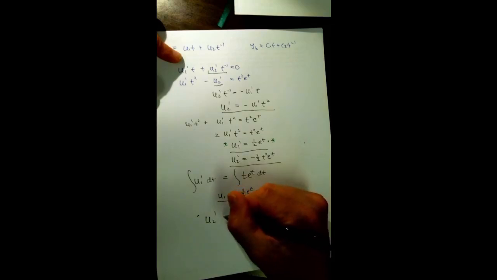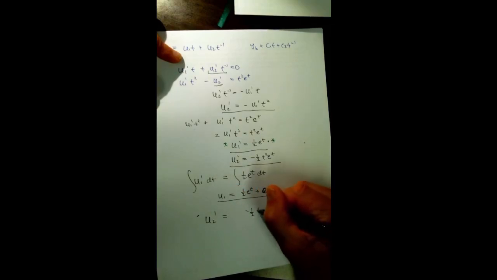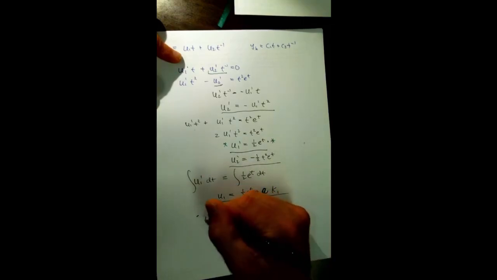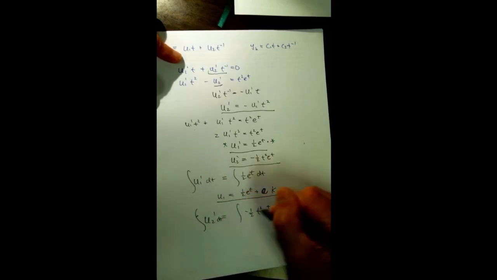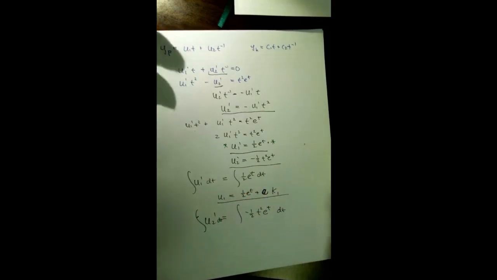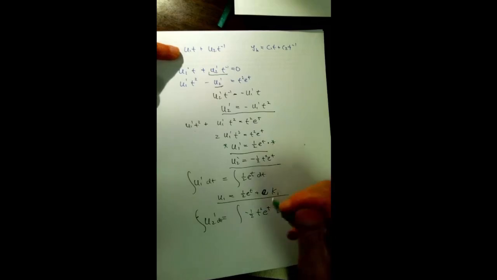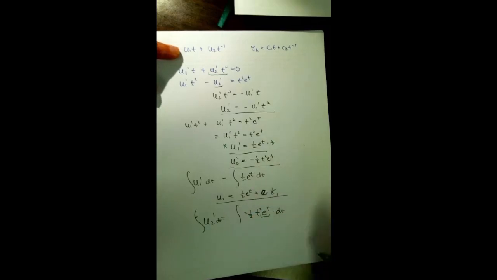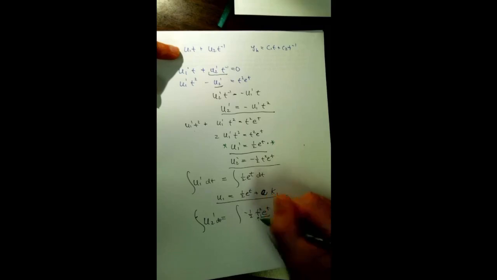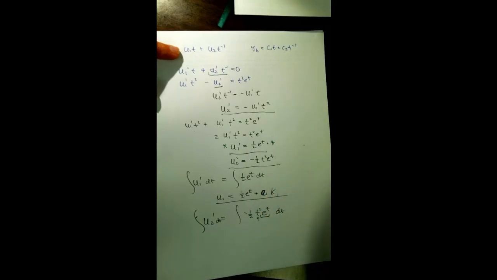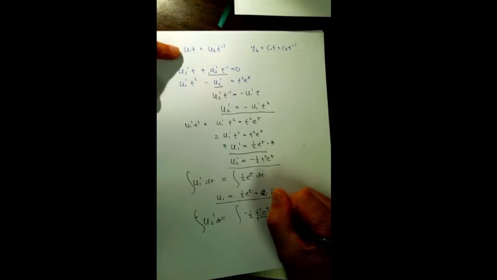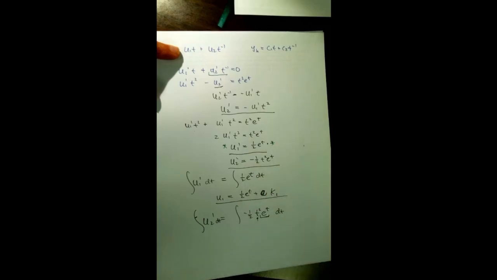u2 prime is minus 1/2 t squared e to the t. I take the antiderivative of both sides. Great, okay. I can take the antiderivative of e to the t without any problems. And if I take the derivative of t squared, it becomes a t. I like that better. So this is going to be my dv, and this is going to be my u.